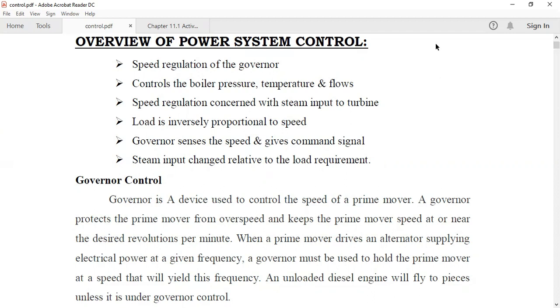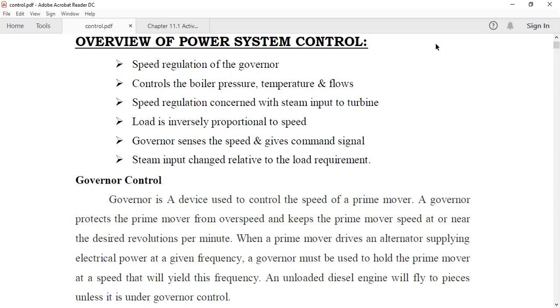Therefore, to maintain the rated value of the frequency, we need to regulate the speed of the alternator, and to regulate the speed, we need a control action through the governor, by which we can regulate the speed.